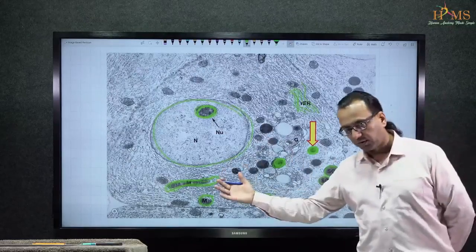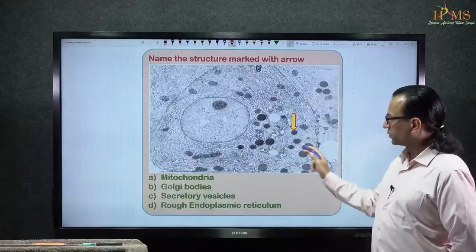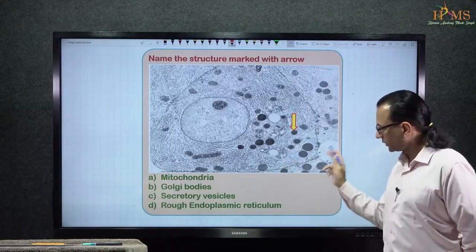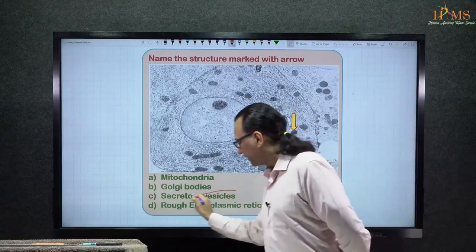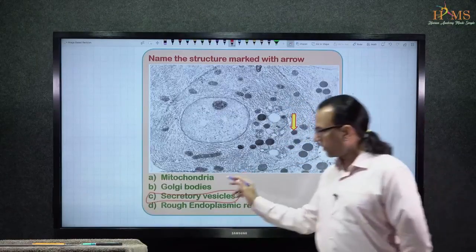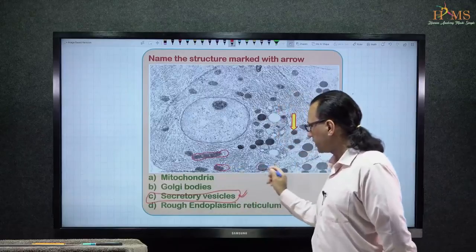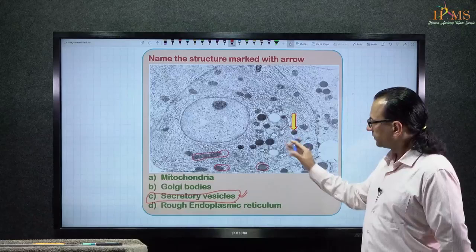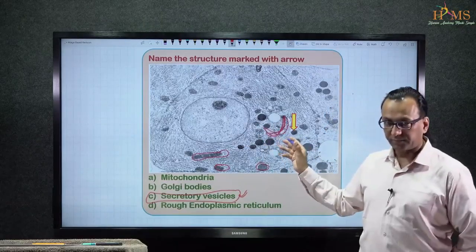So as we go back to our question, we can quickly make out that the marker was actually towards the secretory granules, which are going to fuse with the plasma membrane and give secretions into the lumen. So the answer should be choice number C, the secretory vesicles. And if you're talking about the mitochondria, this is the mitochondria, this is also the mitochondria here, and if you say Golgi bodies, they'll be near the secretory vesicles somewhere here, supranuclear in position.